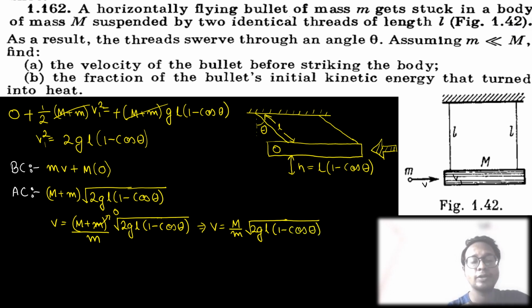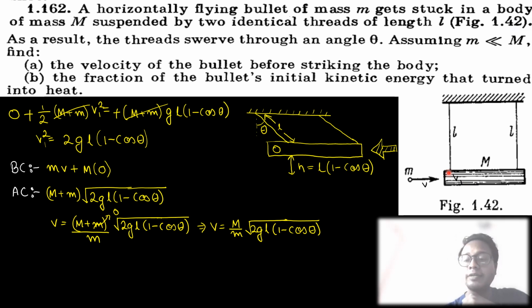What is the second part of the question? The fraction of the bullet's initial kinetic energy that turned into heat. So how do I find out the percent of kinetic energy that converted into heat? See, out here this kind of collision is called an inelastic collision.